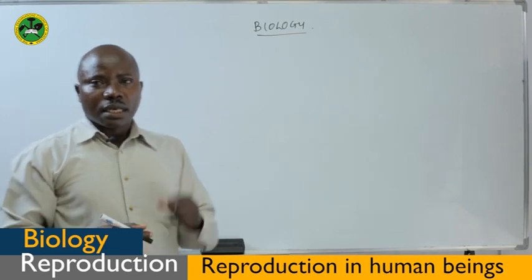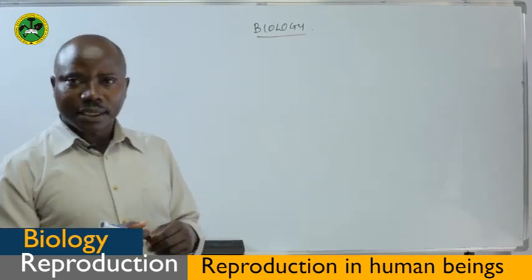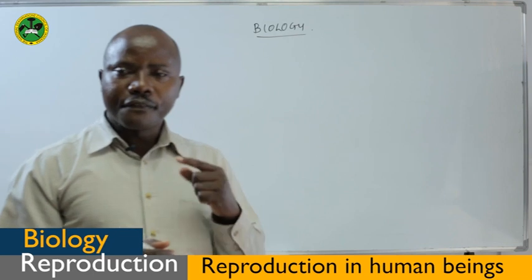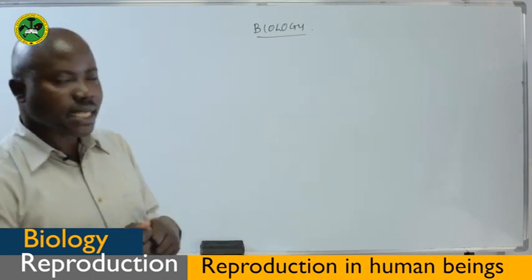Therefore, gametogenesis, as we are talking right here, involves three main stages.